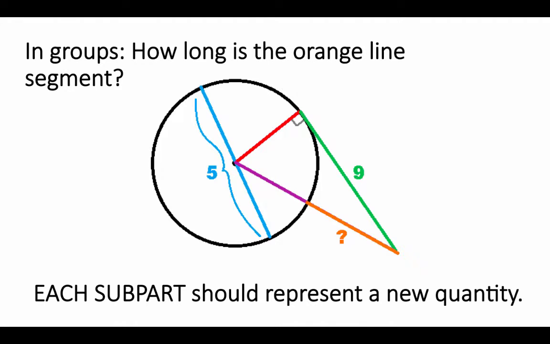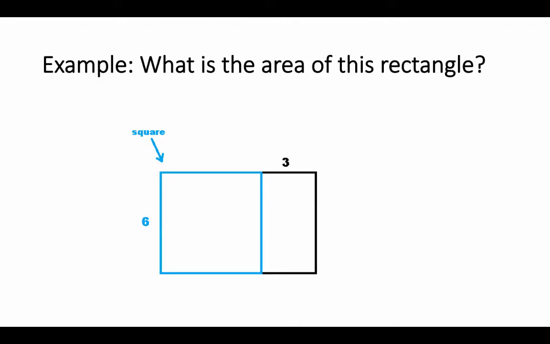So now I gave the class this. How long is the orange line segment? Each piece of your expression should represent a new quantity. All right? If I want to go back to here, when I wrote 6, that was the length of the square.